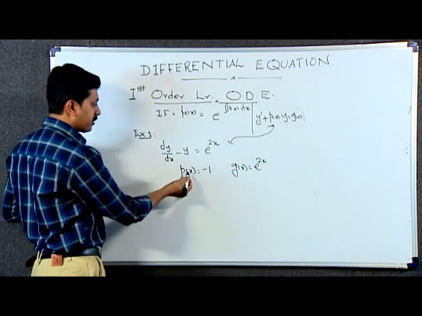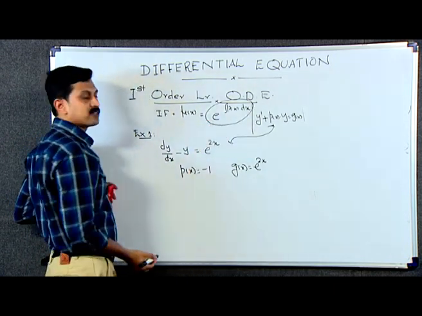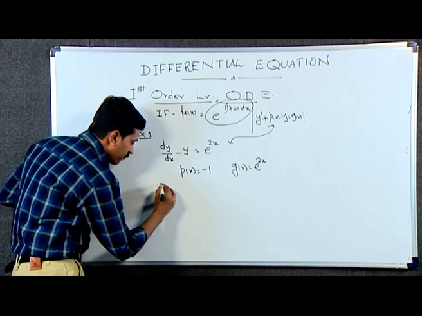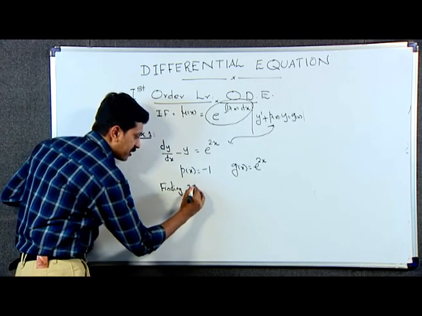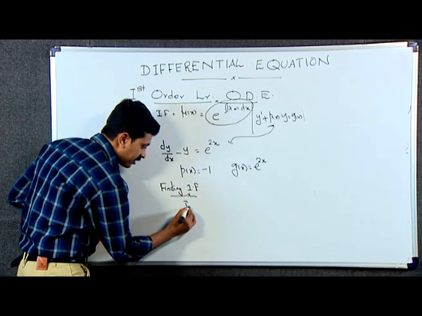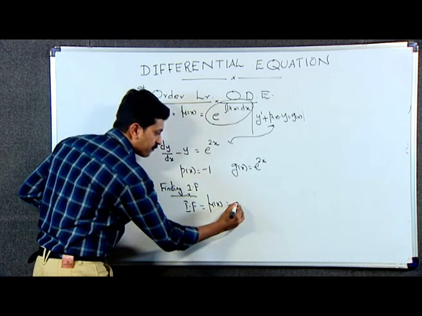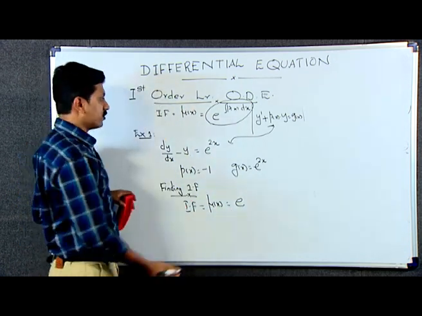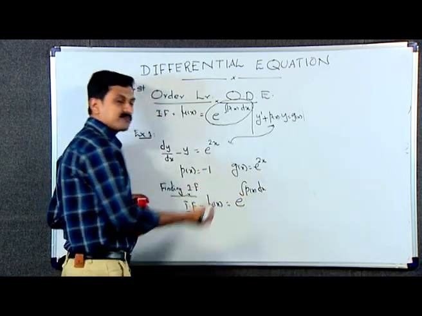From the value of p of x, we can find the integrating factor. So, finding the integrating factor, mu of x is equal to, by the formula, e raised to integral of p of x dx.